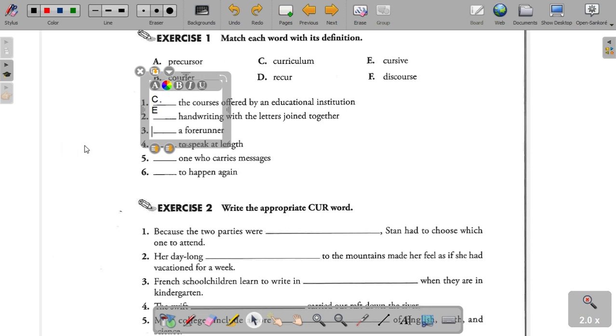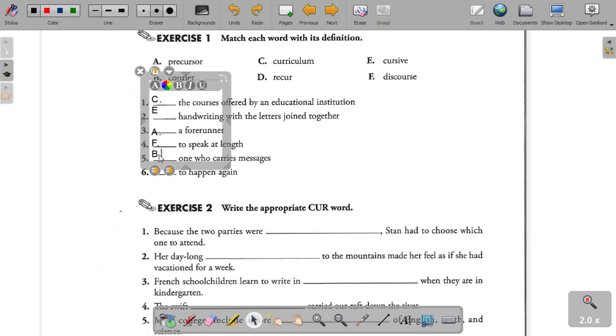So you're absolutely correct. It is A, precursor. To speak at length about something, as I do each week with vocabulary, would be F, a discourse. One who carries messages, such as a messenger, would be B, a courier.